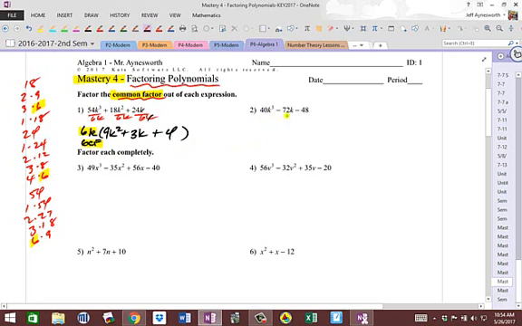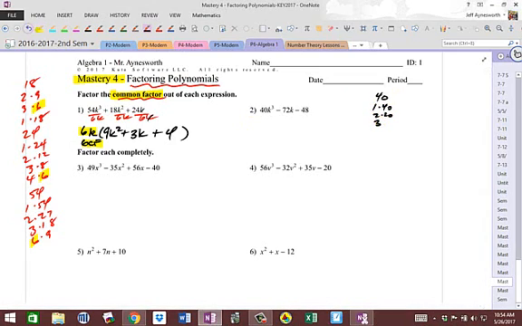Now, on number 2, they don't have a k in common, so I can't factor out a variable. So I've got to be thinking, what divides 40, 72, and 48? They're all even, so 2 does, but is there a bigger common factor? For 40, the factor pairs are 1 times 40, 2 times 20, 4 times 10, 5 times 8. 3 doesn't divide into 40.